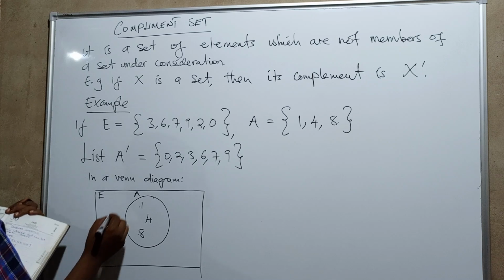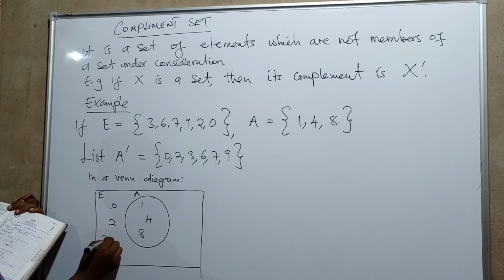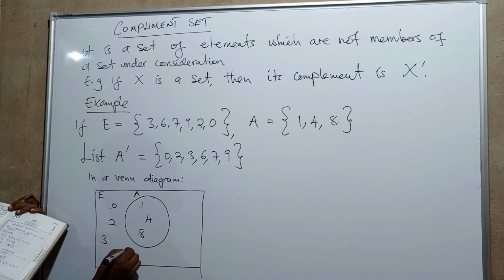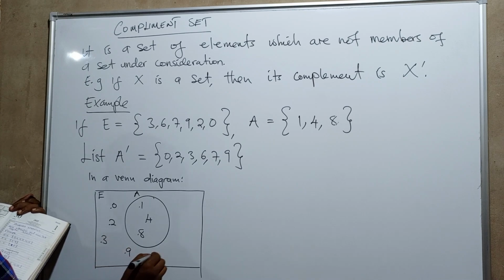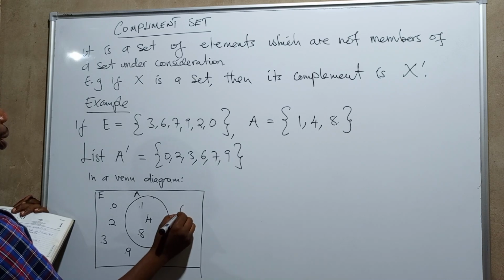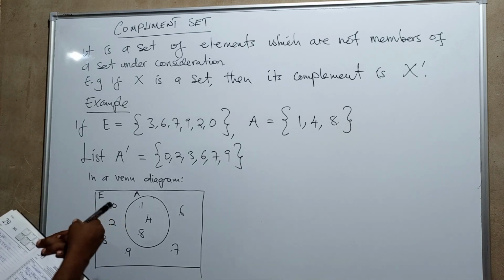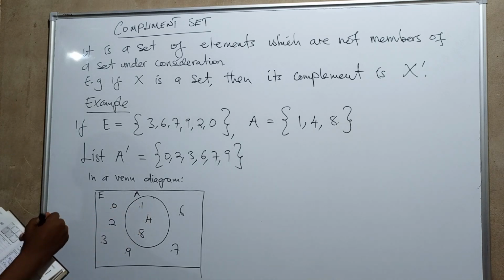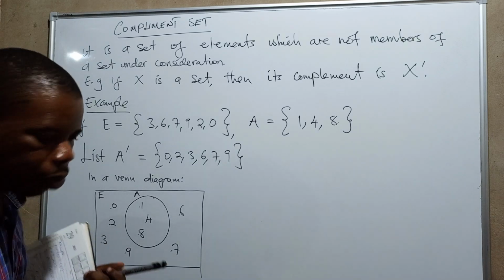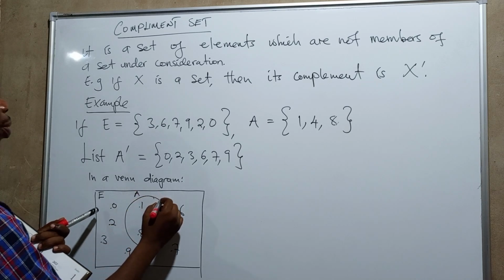Outside, we have 0, 2, 3, 9, 7, and maybe 6. How can we show the complement of set A? Simply, we shade the elements outside A, like this.